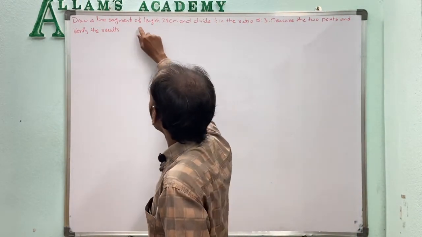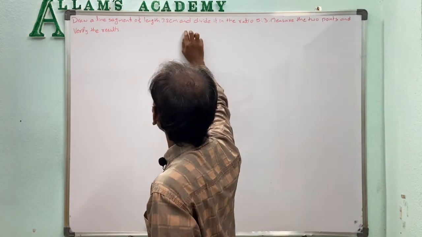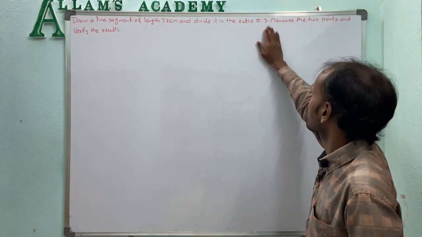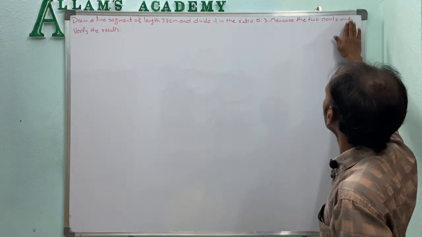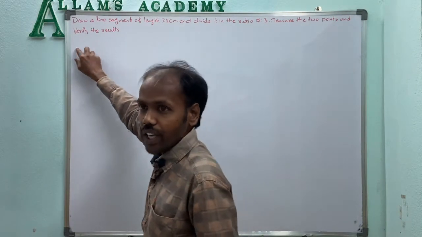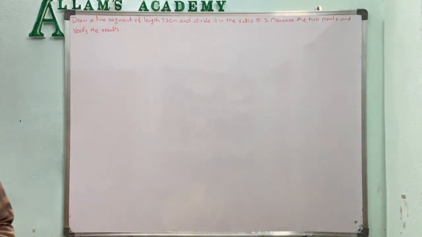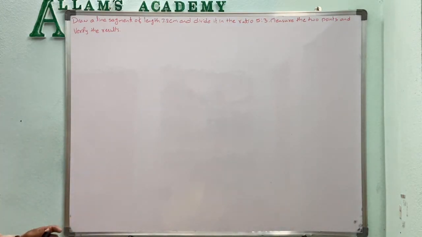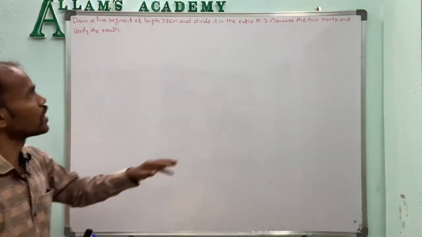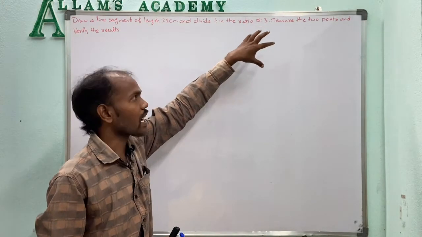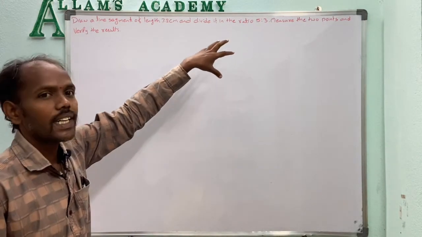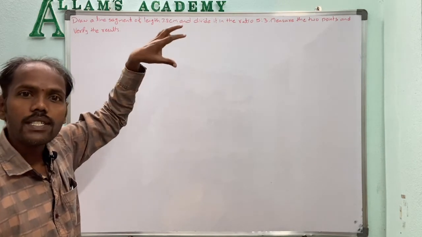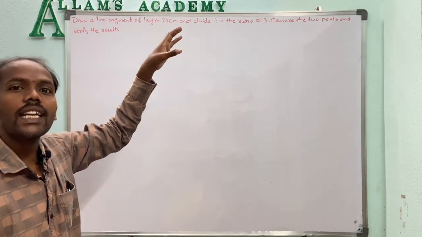Draw a line segment of length 7.2 centimeters and divide it in the ratio 5:3. Measure the two parts and verify the results. So we have to draw a 7.2 centimeter line segment and divide it in a 5:3 ratio, then measure, and verify whether the measurements equal the answer from the normal method.